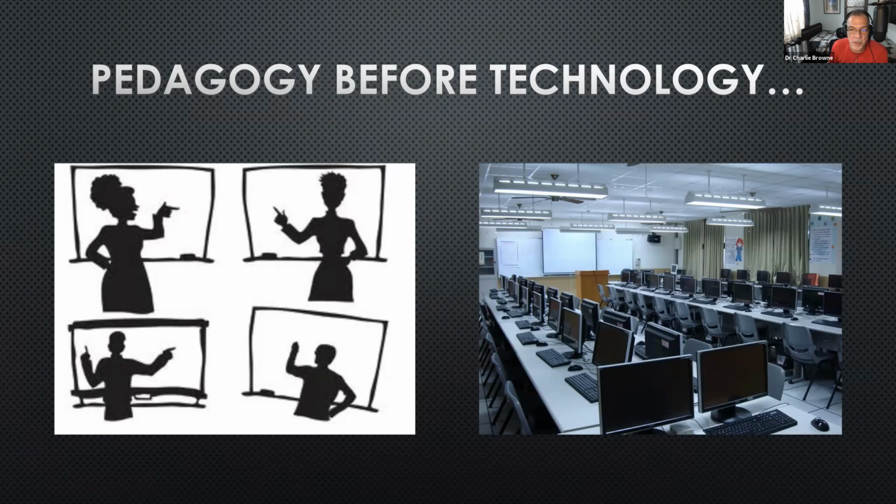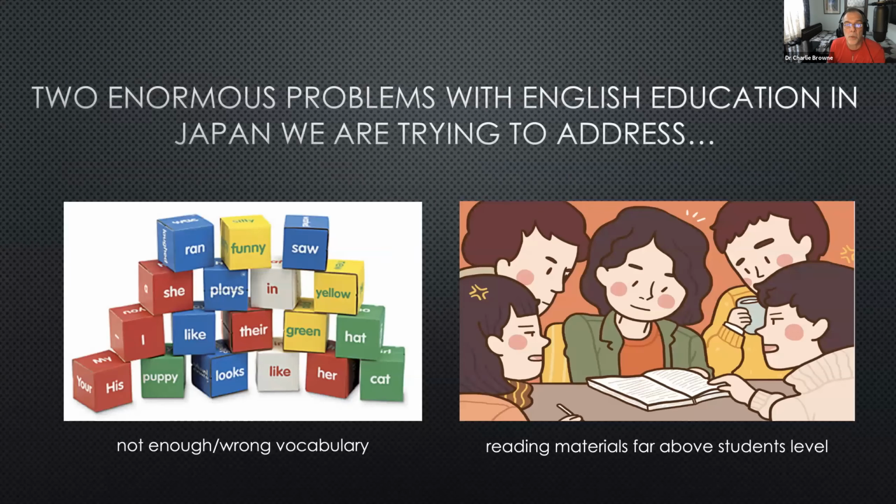I'm always thinking about this. For me, the two main problems, based on my 3 decades of experience here in Japan, are, number one, that Japanese students don't have enough vocabulary, and the vocabulary they do have is actually not the right vocabulary for second language learners.